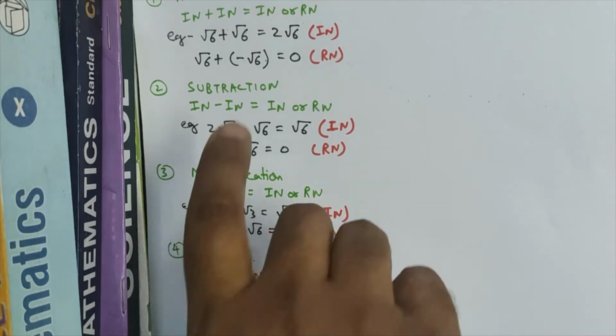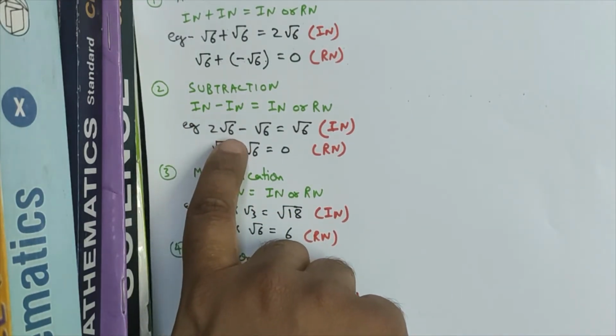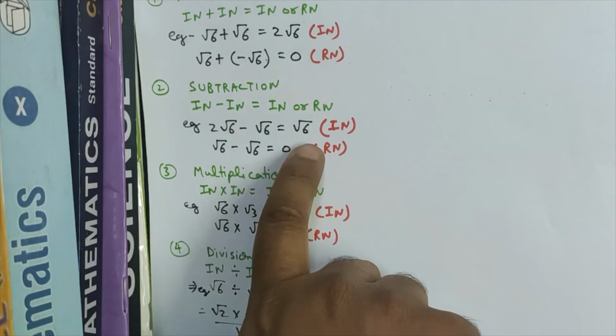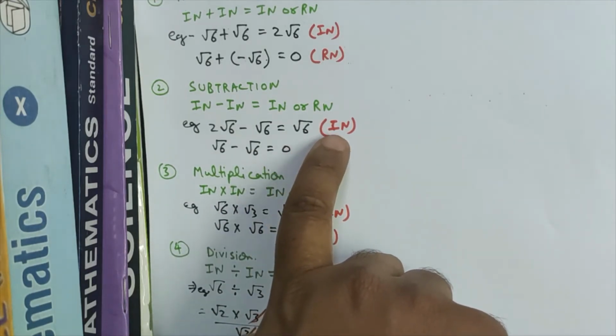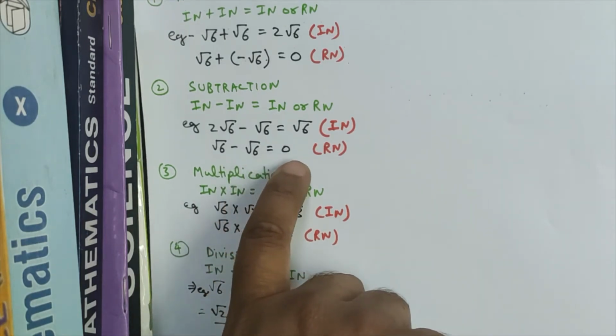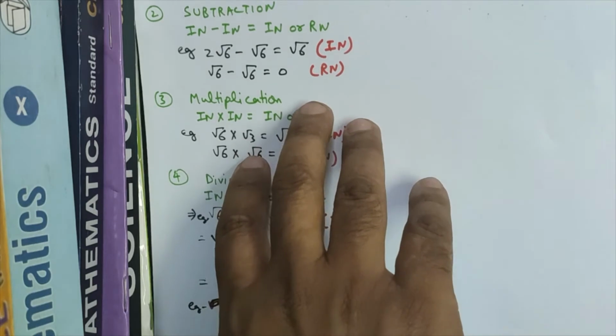Similarly, in the case of subtraction, when an irrational number is subtracted from an irrational number, for example, 2 root 6 minus root 6 equals root 6, it may be an irrational number, or root 6 minus root 6 equals 0, which is rational. So it may be rational or irrational.